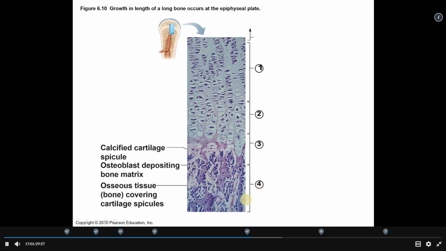So if we start down here, we are at the bottom of the wedge, and we know that down here we have osteoclasts and we have osteoblasts. And the osteoclasts are breaking down the cartilage but leaving pieces behind. They call them spicules, like little slivers of bone.